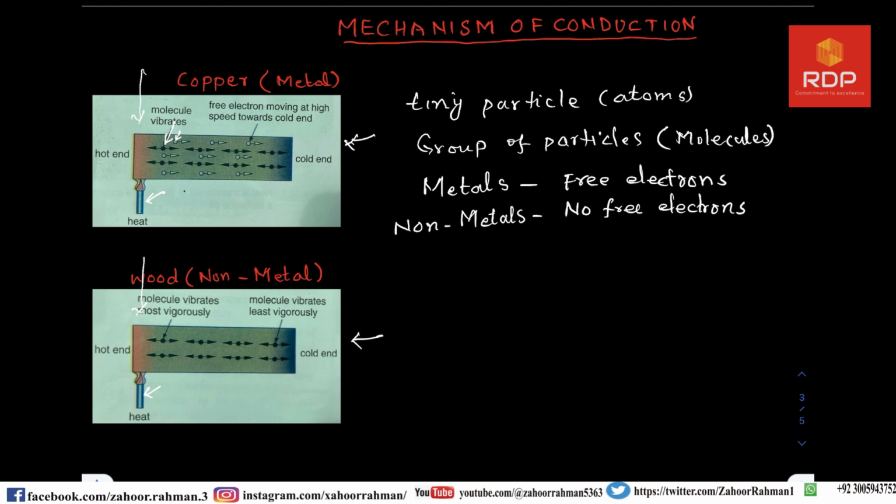What is that? When the rods are heated, the free electrons in the copper move faster as a result of having more kinetic energy. These fast-moving, energy-carrying electrons diffuse, or spread, into the cooler part of the metal and then transfer their kinetic energy to the molecules by colliding with them.